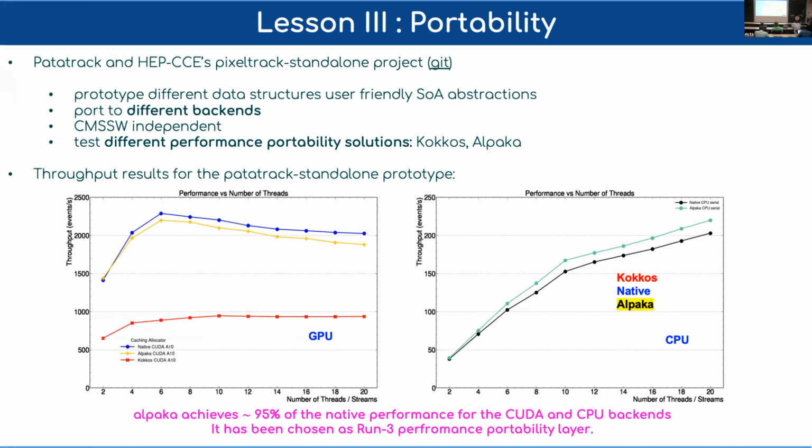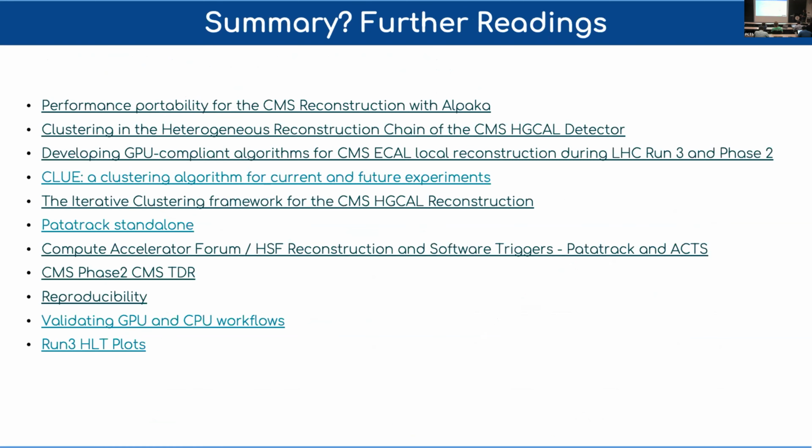You see here, this is on GPU. We are still losing some 5%, and we are investigating to understand exactly what's happening. This blue line is Alpaka on CPU, and this black line is native on CPU, so it's performing even better. And I think that's it.